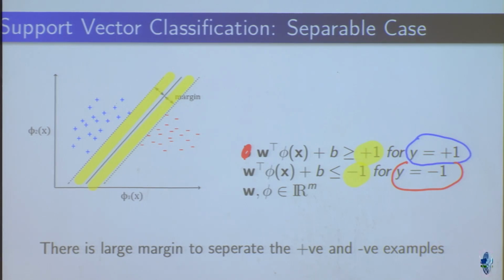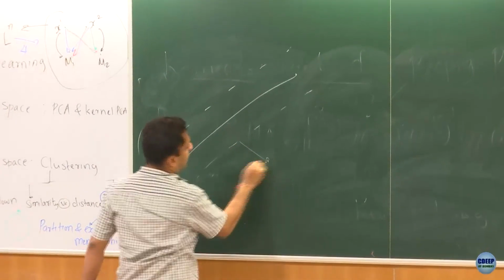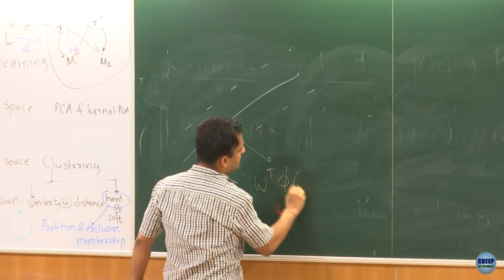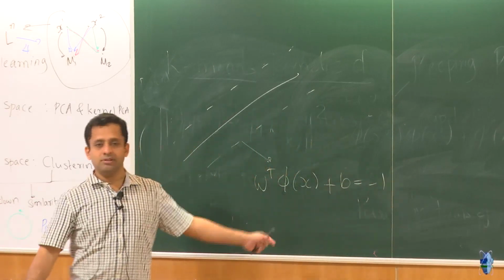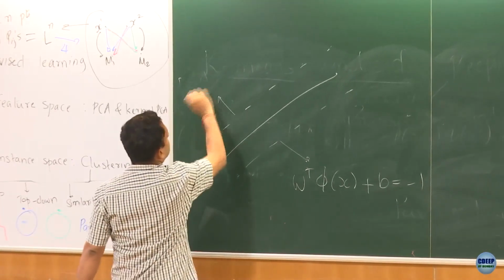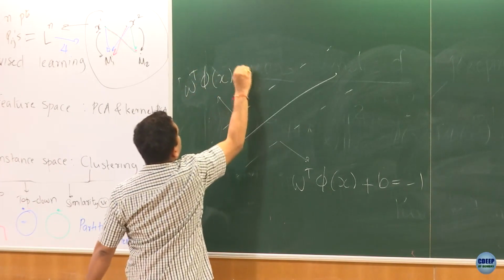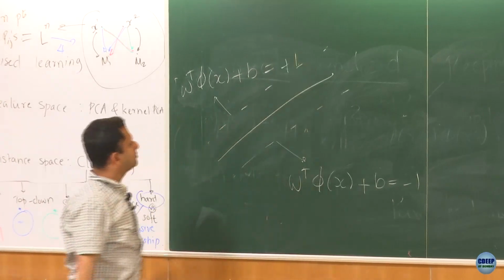What's the magnitude of the margin? Now tell me what the margin would be. The equation of this hyperplane is W transpose phi x plus B equals minus 1. The equation for this margin hyperplane is W transpose phi x plus B equals plus 1.